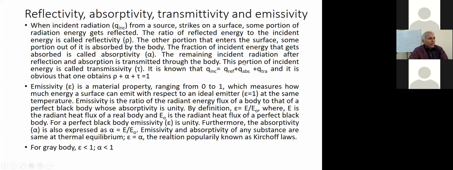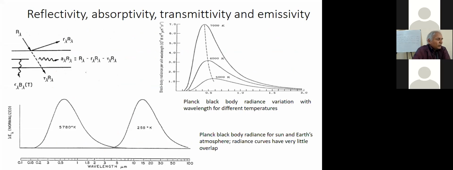So next we'll introduce you to very important concepts of reflectivity, absorptivity, transmittivity, and emissivity. Maybe this picture in the next slide will help. If you look at the left panel here, let's say that I have a portion of some gas or something which can absorb.